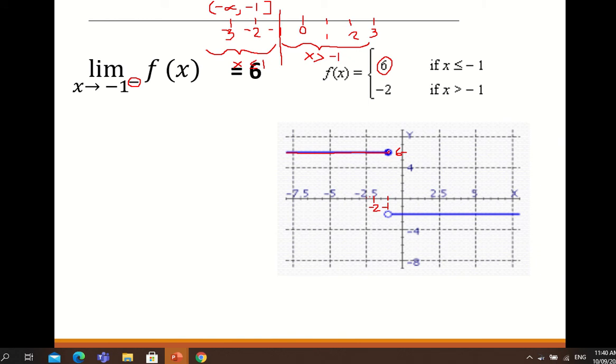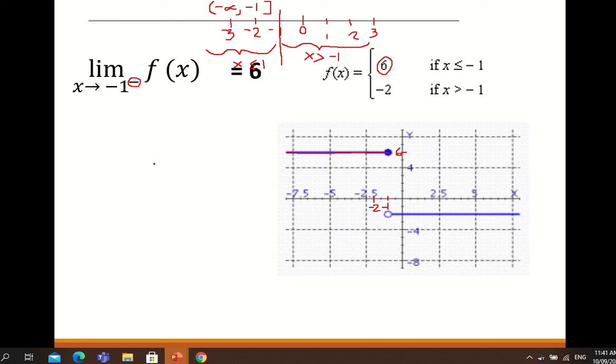It corresponds to a shaded portion. So that is the limit of the function of x as x approaches -1 from the left.